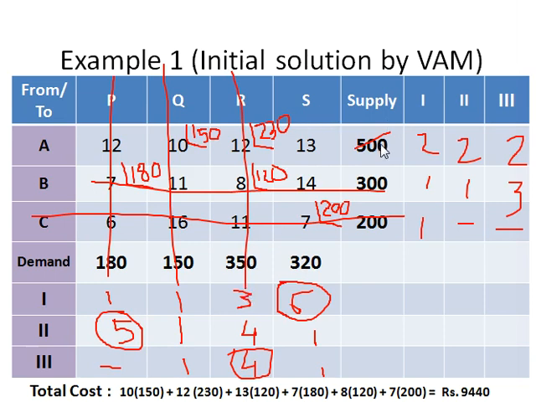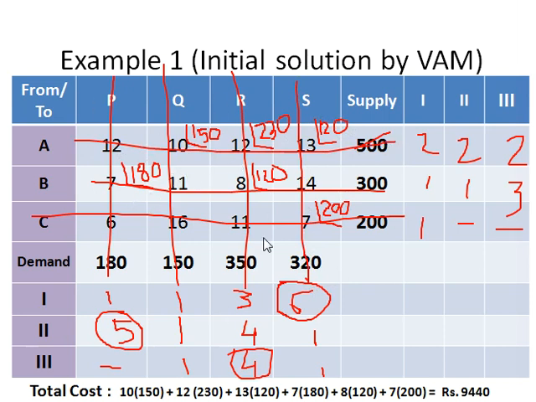Okay, now here remaining supply is 500 minus 350, 150 minus 230, so we are left with how much quantity? That is 120. And this will be added here, and the total will be the same. So here we have got 500, and here this total also becomes 320. So both the supply and demands are satisfied, and the example is over.